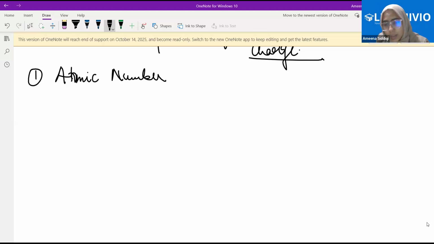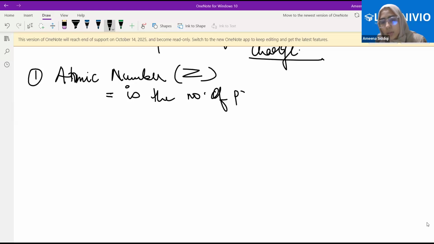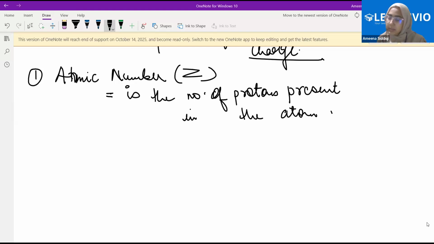An atomic number is represented by a capital Z. The atomic number of an atom is the number of protons present in the atom.